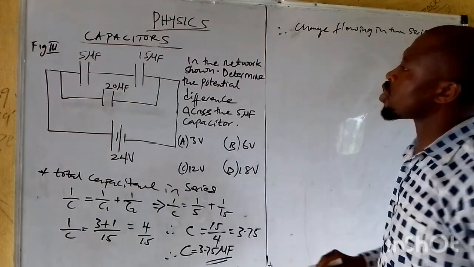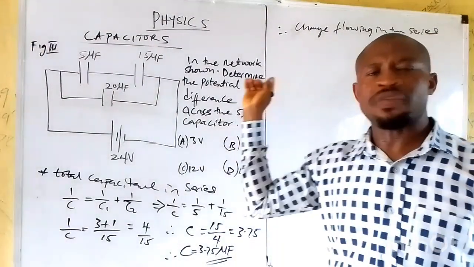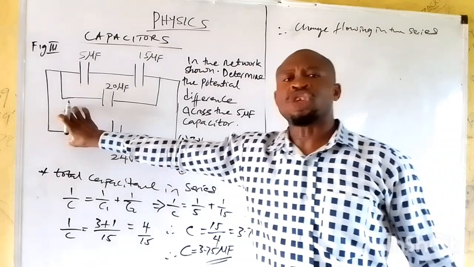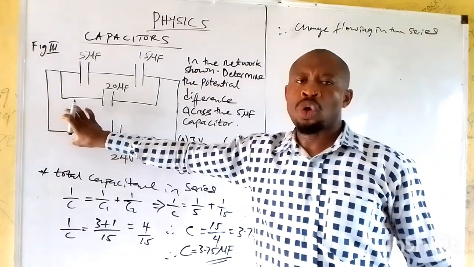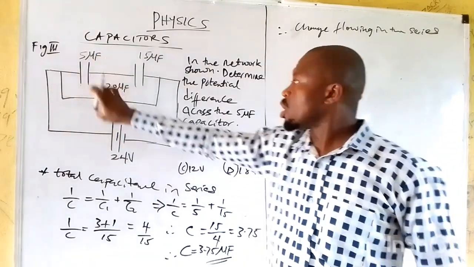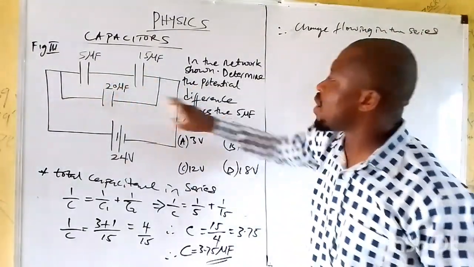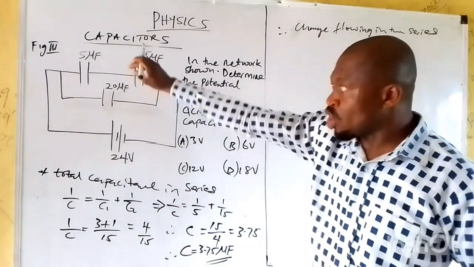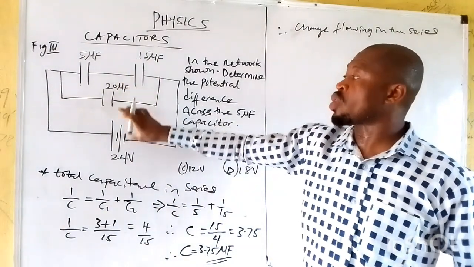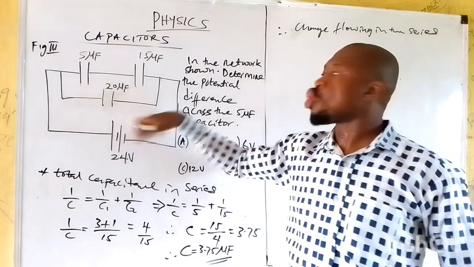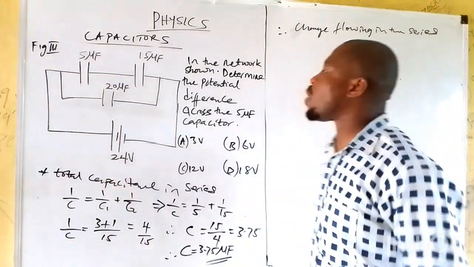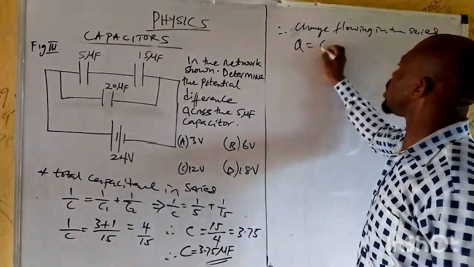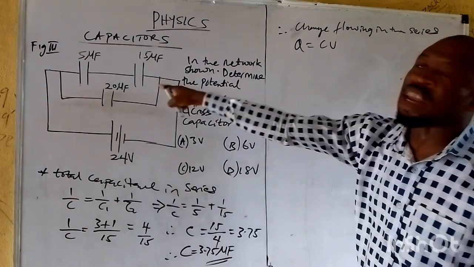Remember, from our definition, we said that the same quantity of charge will flow when we have series. So, because this one is a series, and our interest is to get the PD here. Okay, V is given. Let us define C. From C, let us find Q. Once we find our Q, we can now go ahead to get our V. So we now have Q is equal to CV. Quantity of charge that will flow into this.